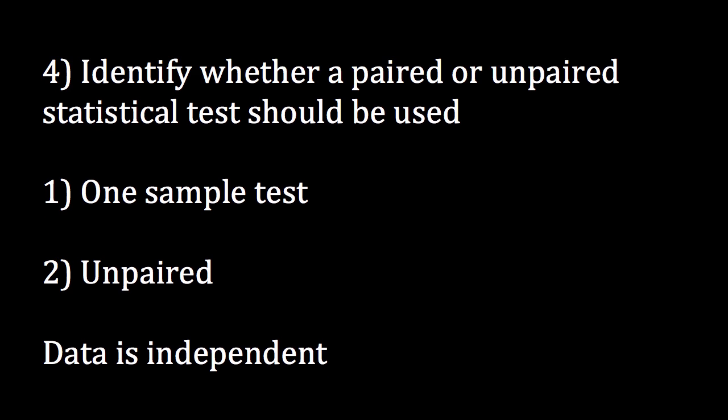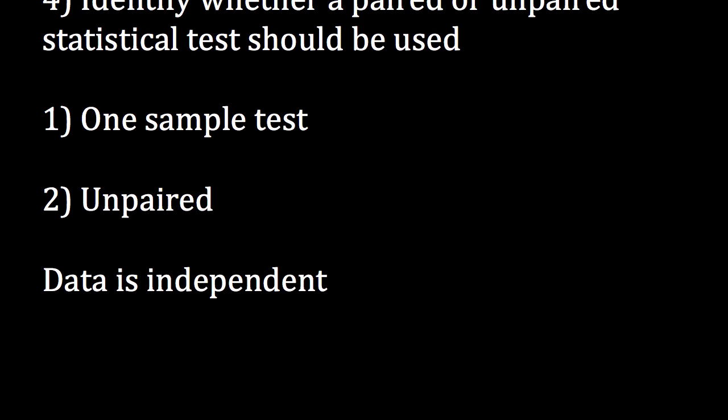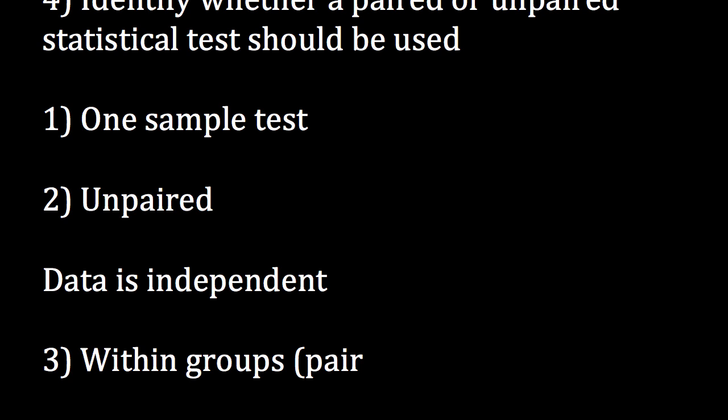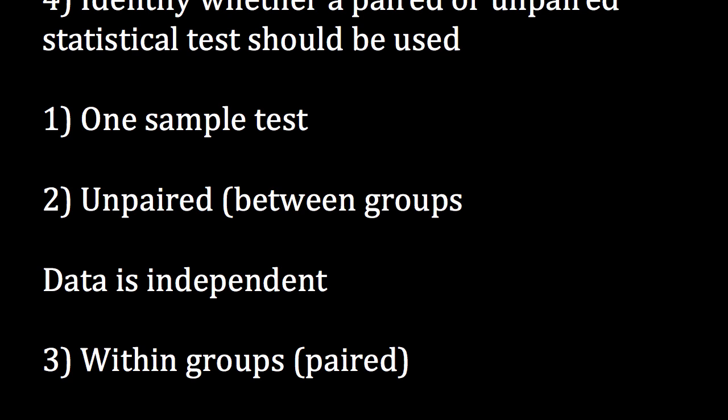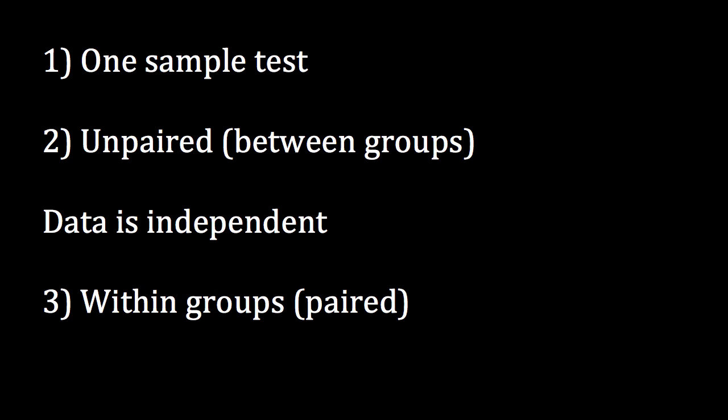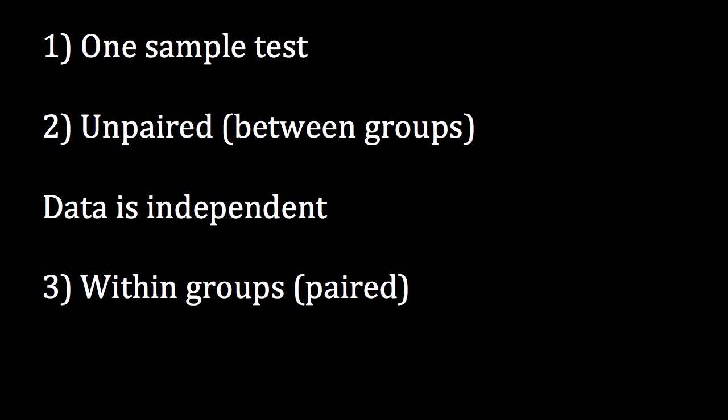That's in contrast to the paired statistical test, and that is within groups, or paired. And actually, a way of saying unpaired is between groups. And for paired statistical tests, the data is dependent.